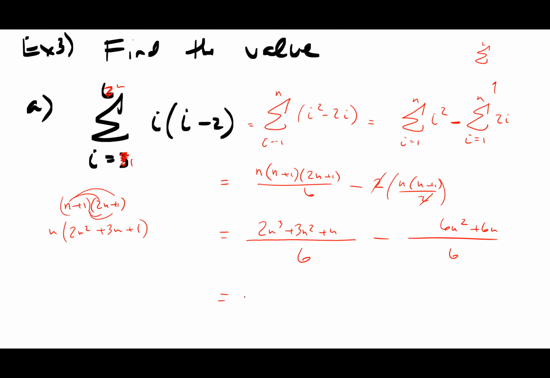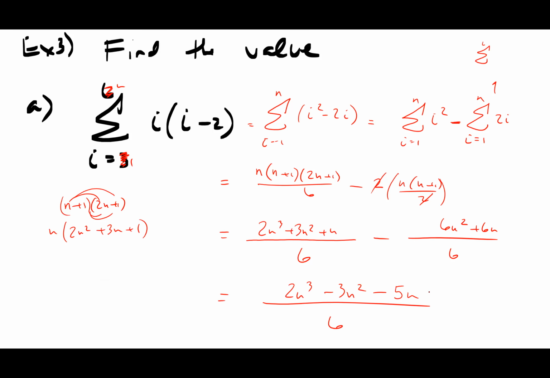Almost there, guys. Then you just subtract. So 3 minus 6. Oh, we have to keep the parentheses though, because we're subtracting. Make them into one fraction: 2n cubed minus 3n squared minus 5n, over 6. Bam.